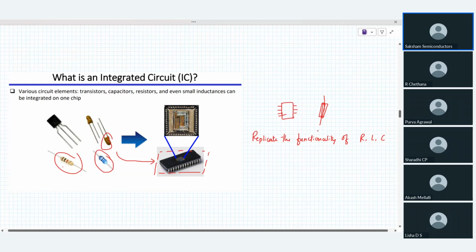Let me give you a simple example. I am using a duster to rub the blackboard, the functionality of that being to clean the board. Now, if I don't have the duster, I can replicate the functionality of the duster in multiple ways. I can use a cloth to rub the board.